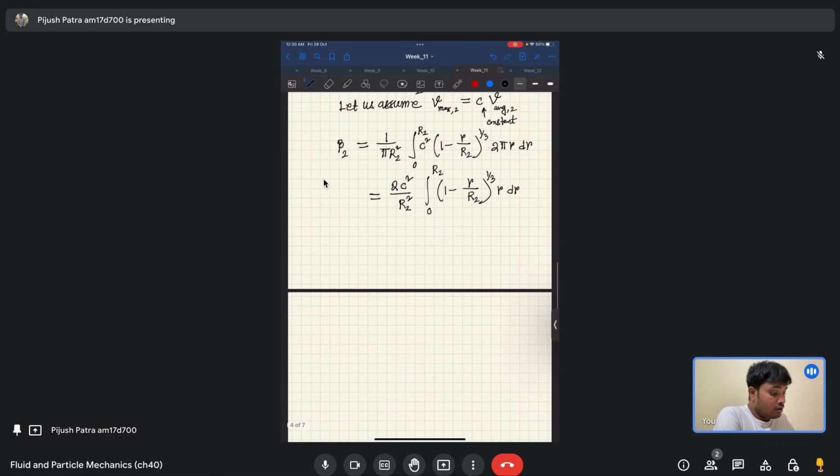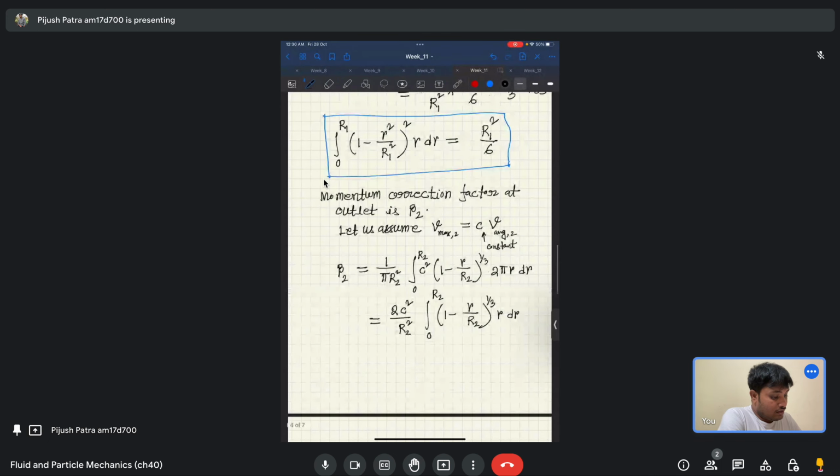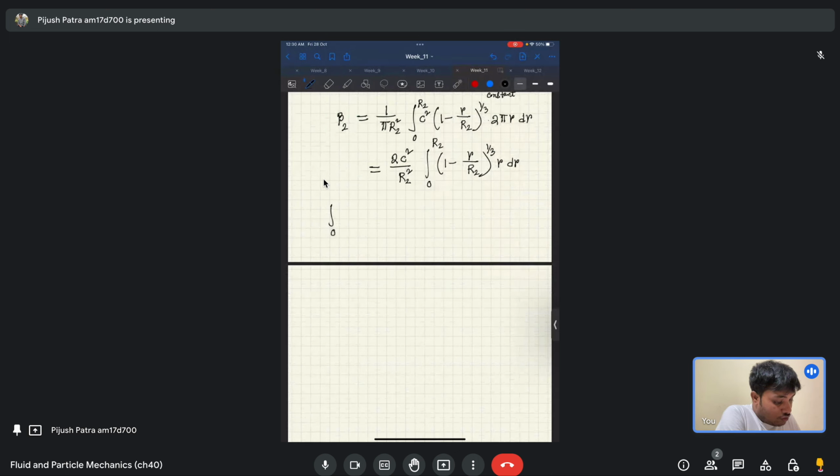Okay, so let me move on. I need to get the value of this integral: integral 0 to R2 of 1 minus small r by capital R2 the whole to the power 1/3 into r dr is equal to... I don't know whether it is possible to show you how these integrals look like.